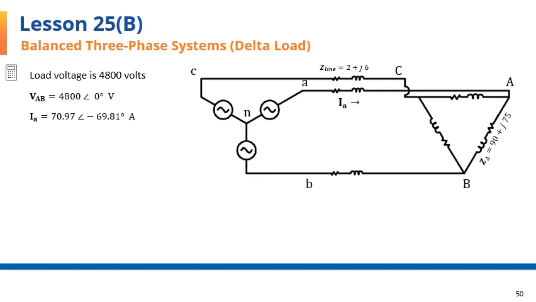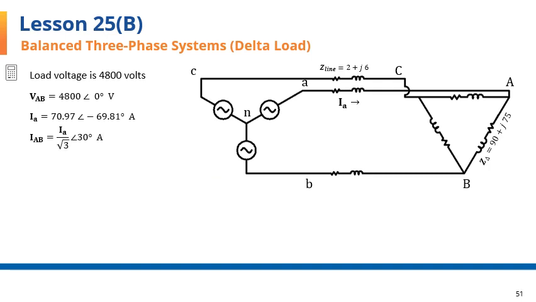We have IA, and we know that IA in positive sequence systems is calculated as the square root of 3 times phase current IAB with negative 30-degree angle. And from that we can find IAB, which is what we're looking for, as IA over square root of 3 with positive 30 degrees angle.